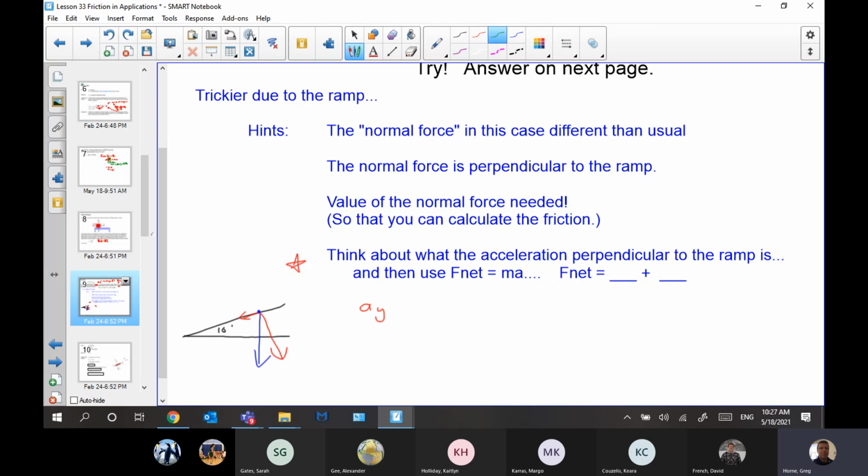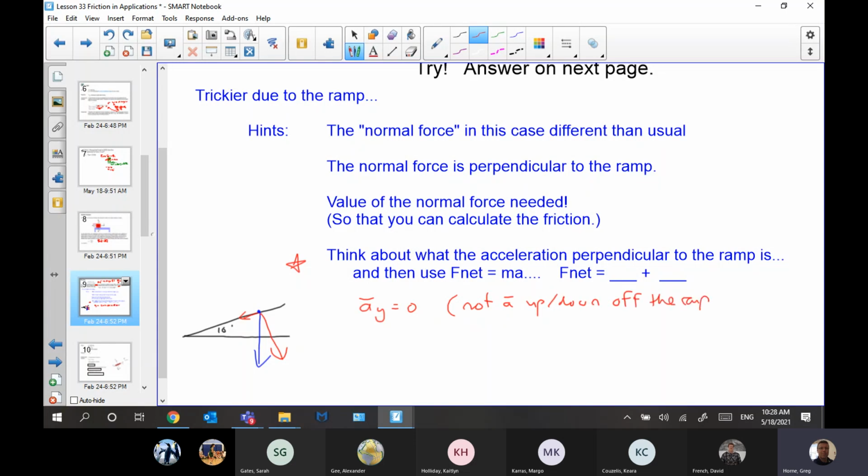So basically our analysis here about acceleration in the y direction being 0, this thing's not lifting up off the ramp. It's not accelerating up or down from the ramp, off or into, I suppose, the ramp.